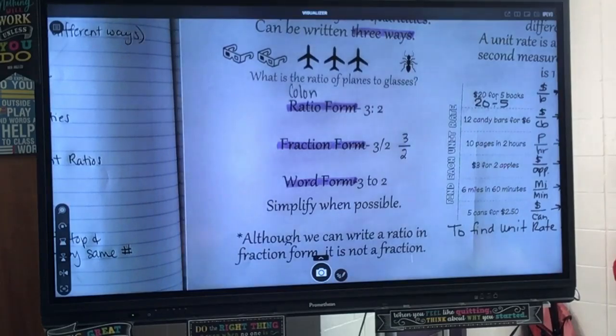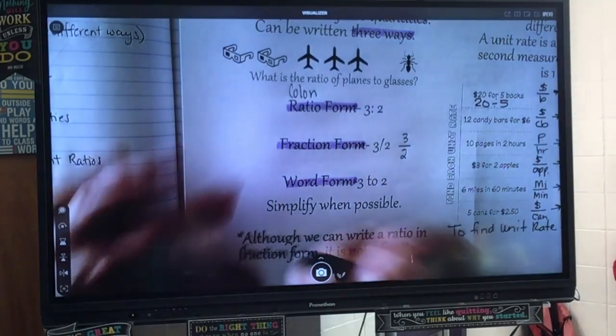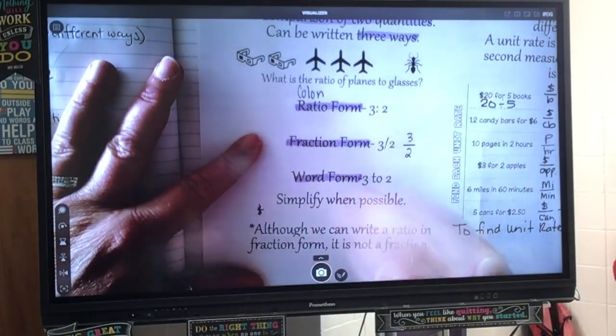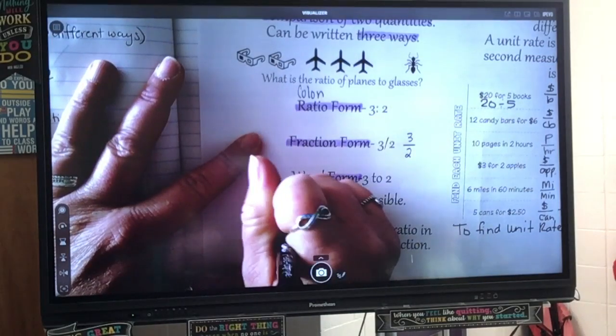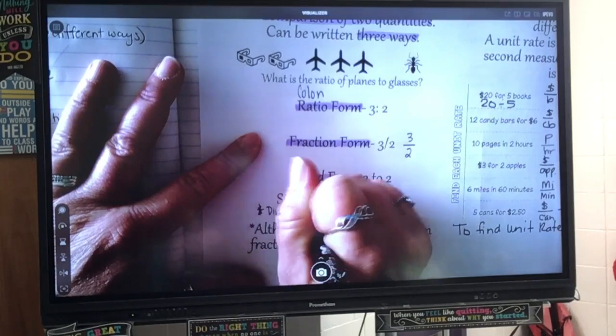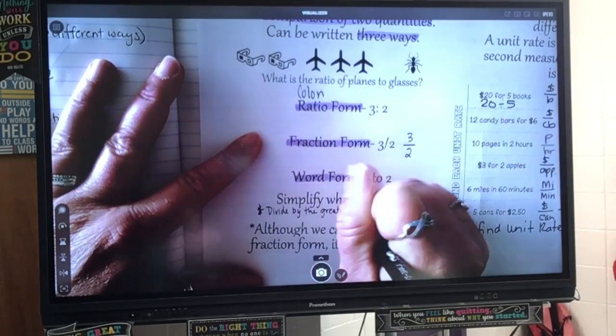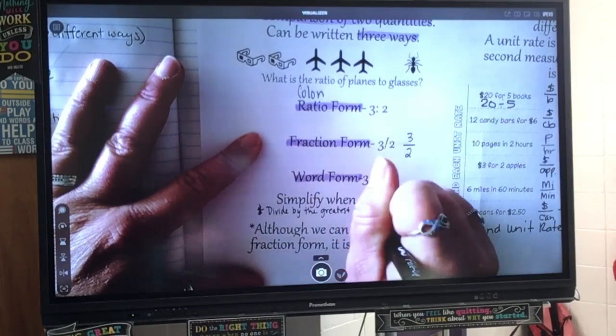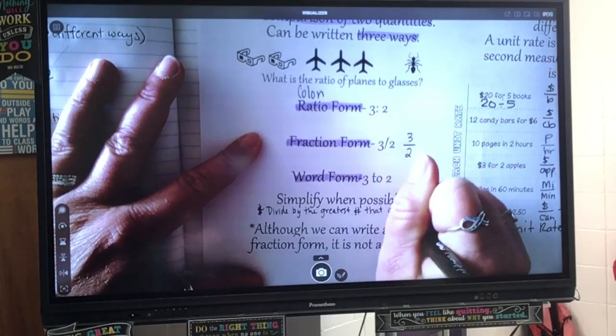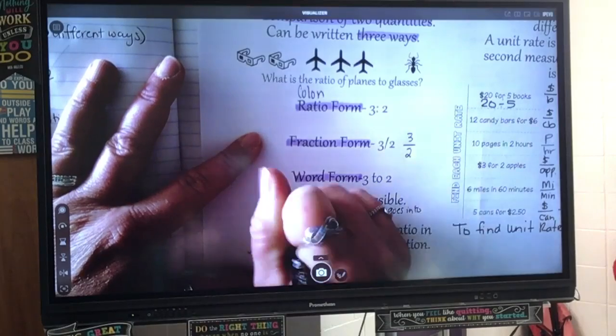And it says, simplify when possible. And Jonathan also told us that you wanna divide by the greatest number that goes into the numbers.